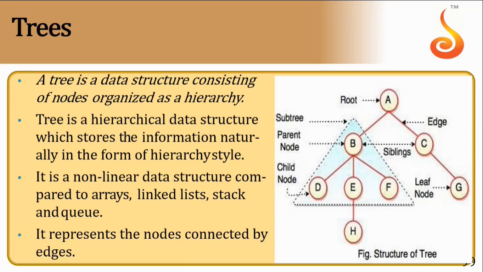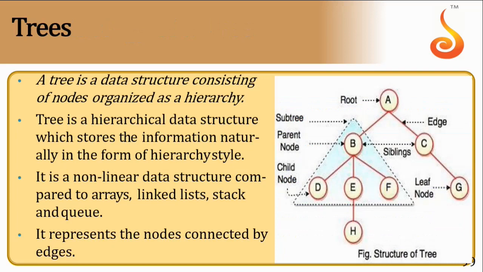So what is a tree? A tree is a set of nodes storing elements such that the nodes have a parent-child relationship. Each one is a node, right? Yes, you can see so many nodes here.